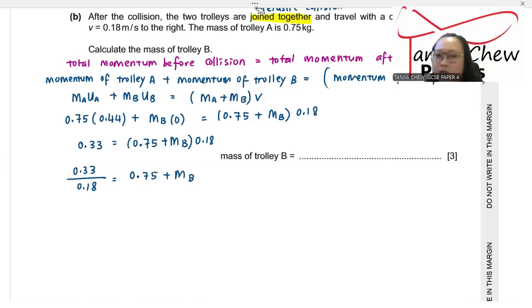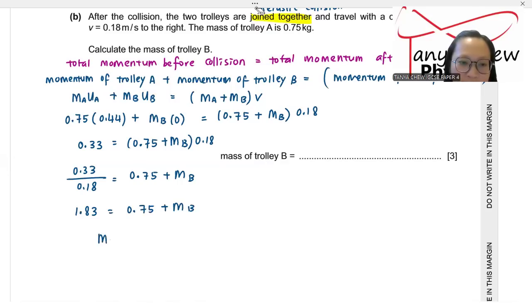Easier that way. So I'm going to do 0.33 divide 0.18. I got 1.83, three significant figures, equal to 0.75 plus MB. So for MB, I put on the left-hand side 1.83 minus 0.75, and I end up getting 1.08 kilogram.